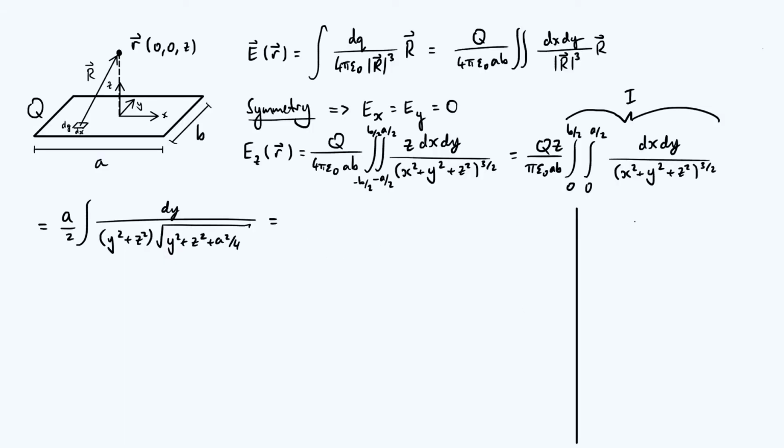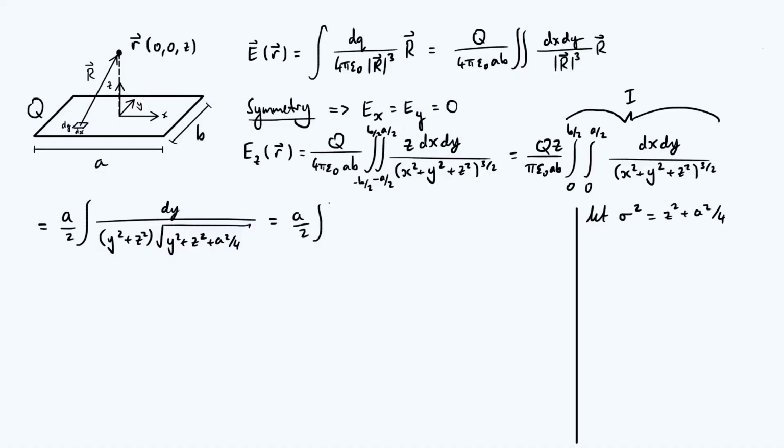So the first thing we could do, as we did last time, is introduce another variable. Let's call it sigma because we already used rho. So let's say sigma squared is going to be defined as all of this stuff here, z squared plus a squared over 4, which remember is a constant from the point of view of doing an integral over y. Just quickly rewrite our integral.